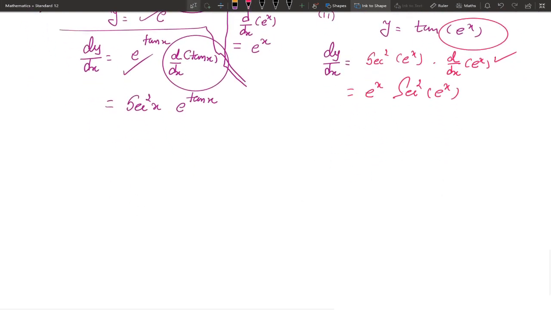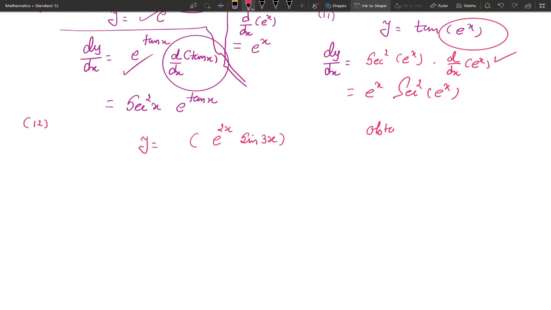Now we take another example, y equal to e raised to 2x into sine 3x.